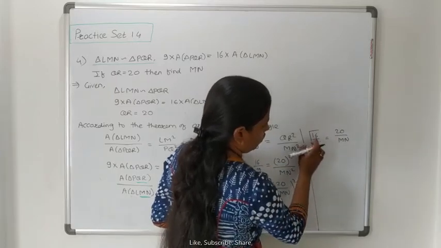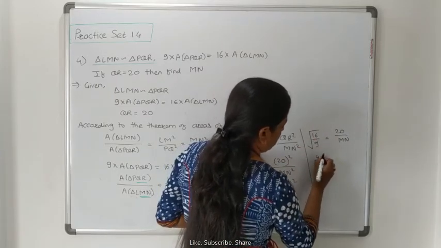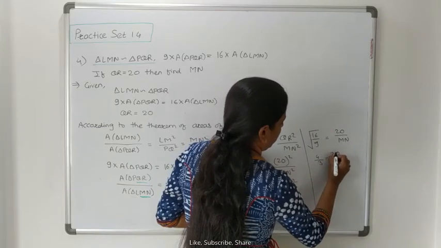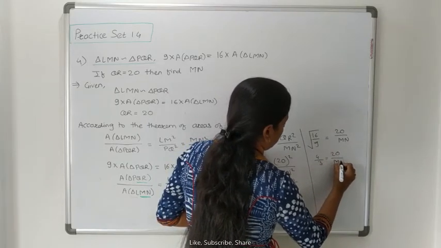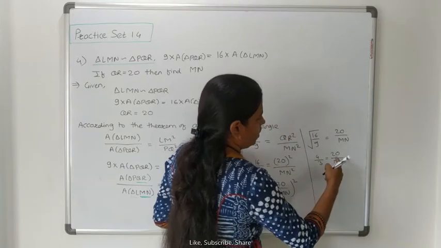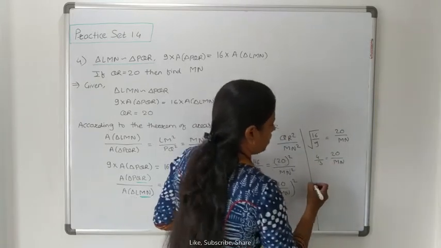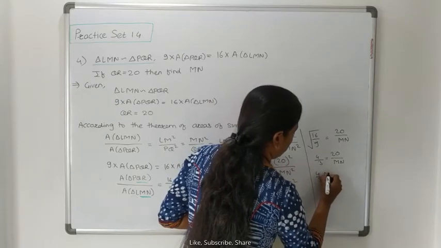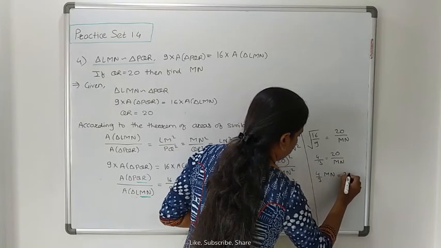Okay, so what is the square root of 16? That is 4. What is the square root of 9? That is 3. Is equal to 20 upon MN. Okay. So change the side of this one. So what is given here? That is 4 upon 3 MN is equal to 20.